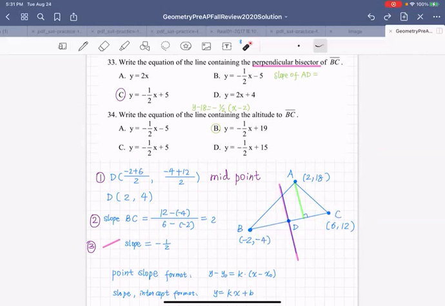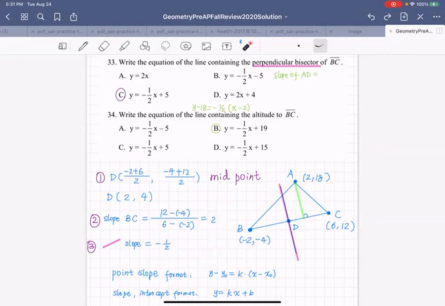So if this line slope is 2, this line slope will be, you are looking for 2's reciprocal first. 2's reciprocal is 1/2. And then you put a negative. Okay, make sense now?